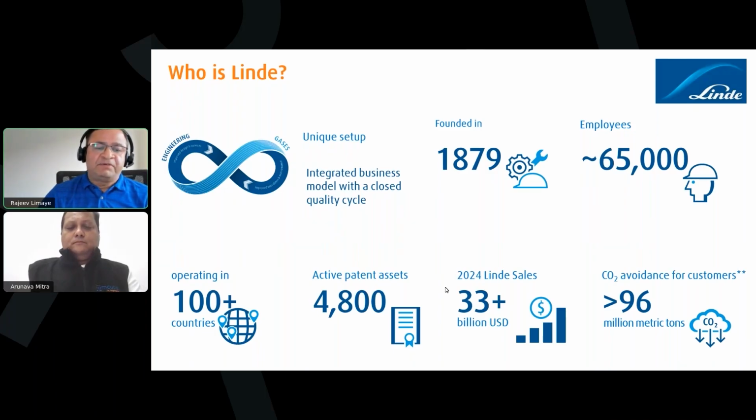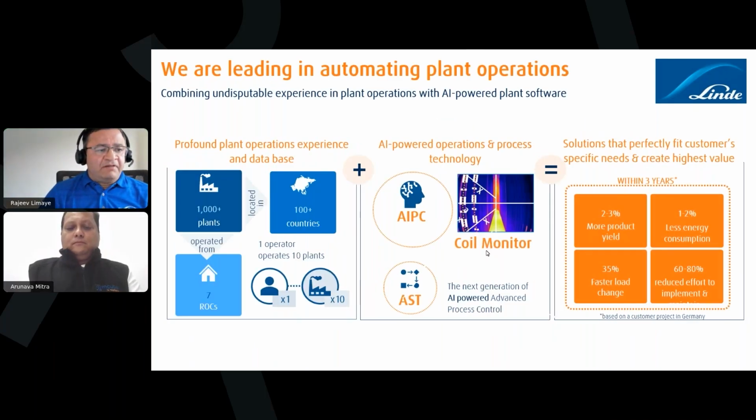The company was founded in 1879 with about 65,000 employees today, and we are operating in more than 100 countries. Linde is the largest industrial gases supplier, both by market share as well as by net sales. 2024 sales of Linde were $33 billion. We are operating more than 1,000 plants, and these plants are operated from 7 remote operation centers located at various locations around the globe.